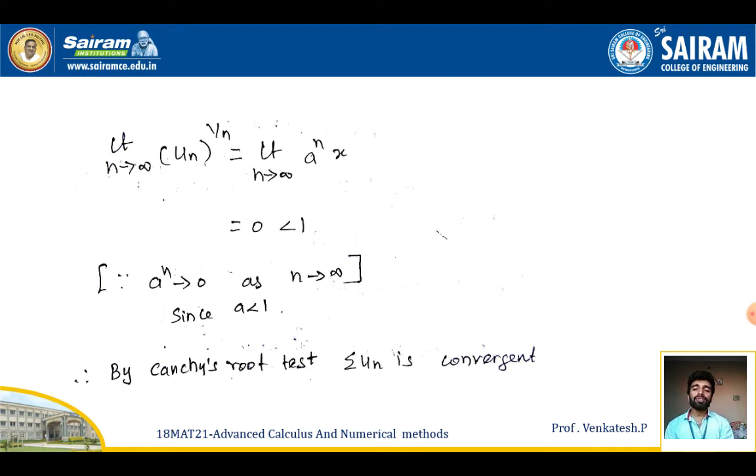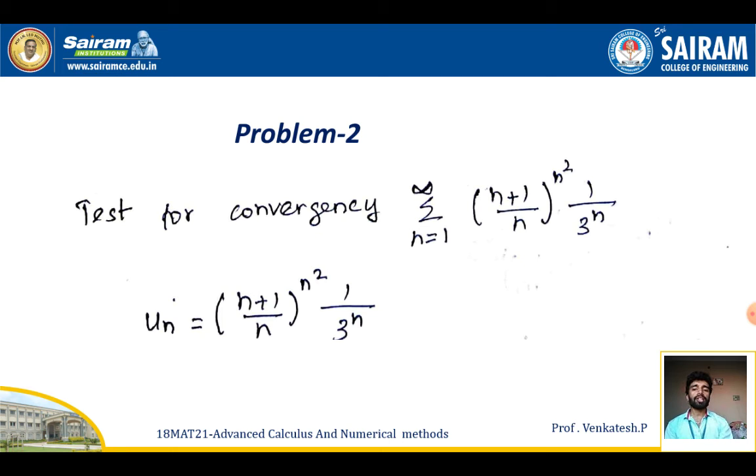So I got the value 0, and 0 is less than 1. So we can conclude by Cauchy's root test that summation un is convergent, since, as I already said, if that finite quantity is less than 1, we can take it as a convergent series. We'll see one more example related to Cauchy's root test.